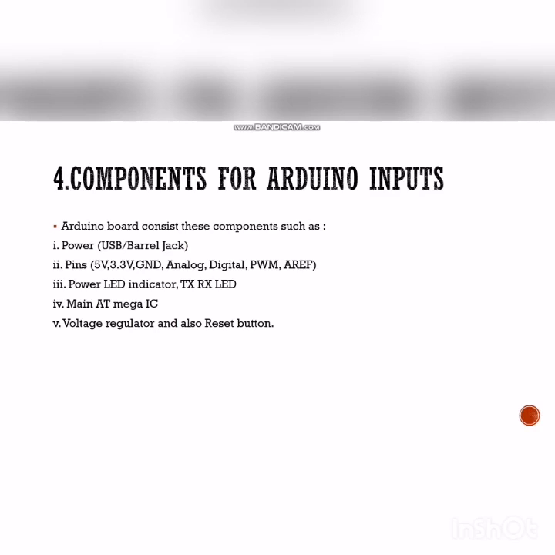Second, pins: 5 volts, 3.3 volts, ground, analog, digital, PWM, AREF pins. The next one is power LED indicator and TX RX LED. The next is the main ATmega IC, and the last components are the voltage regulator and also the reset button.